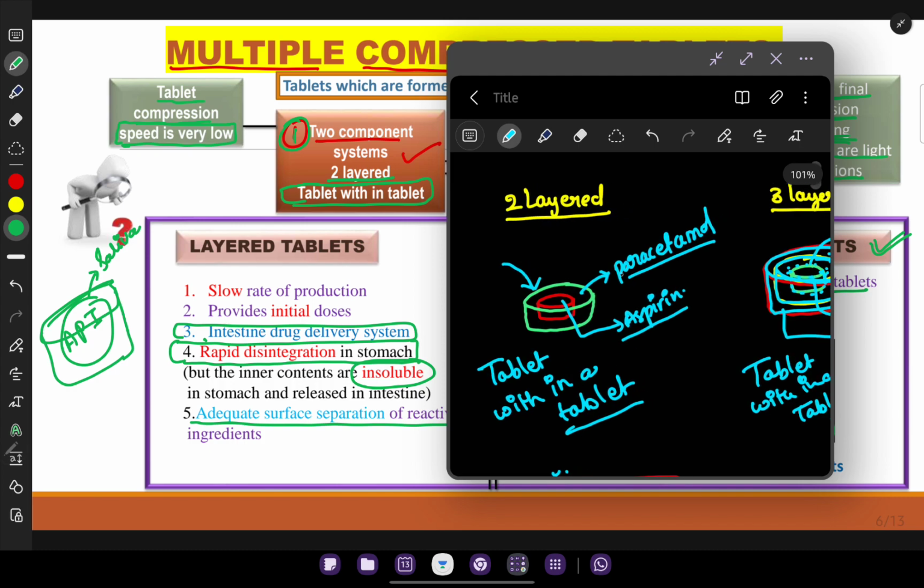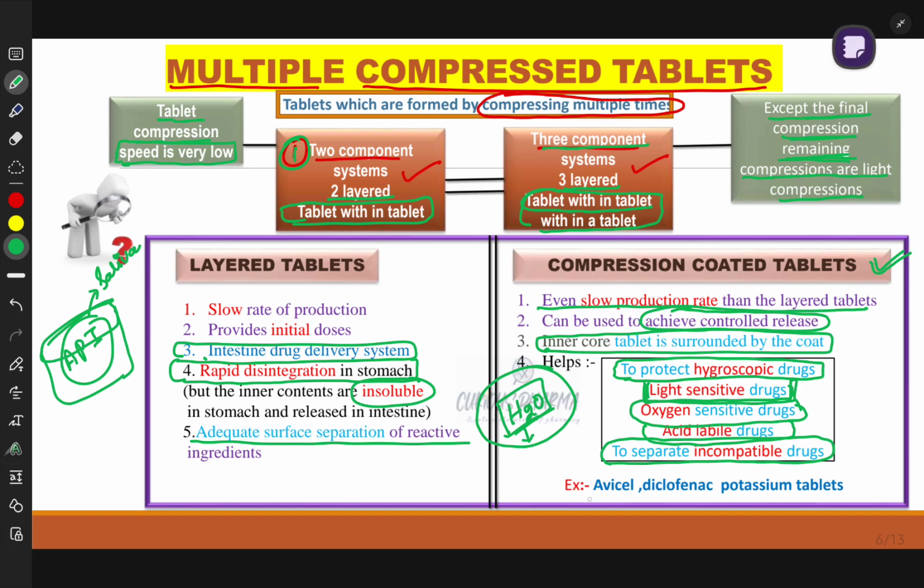In these two layer tablets, the first layer is made with paracetamol and the inner layer is aspirin. These are two different types of drugs which are incompatible and should be released at a time to avoid frequent dosing. So in this type of preparation, we can deliver the drugs at a time. These are the examples: Avicel, diclofenac potassium tablets, etc.